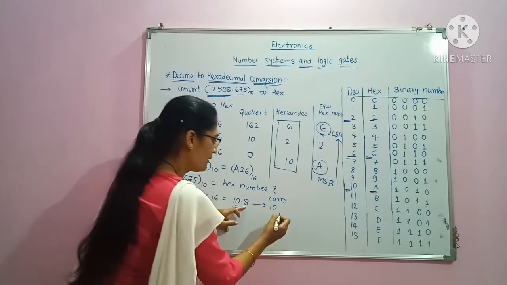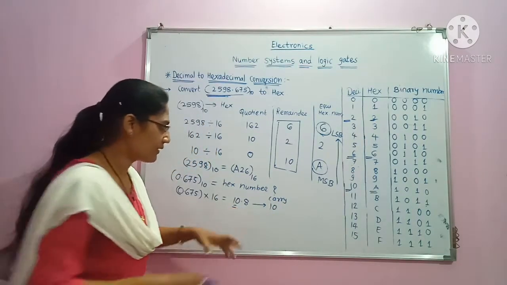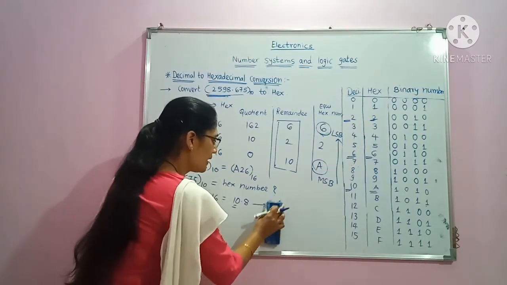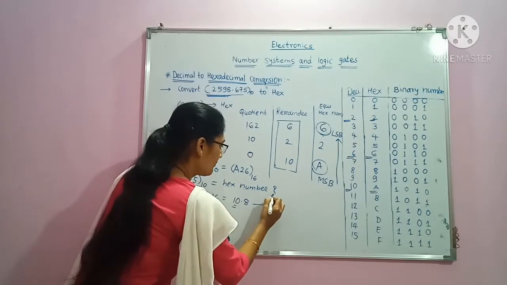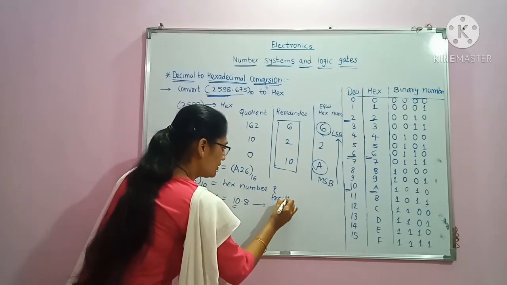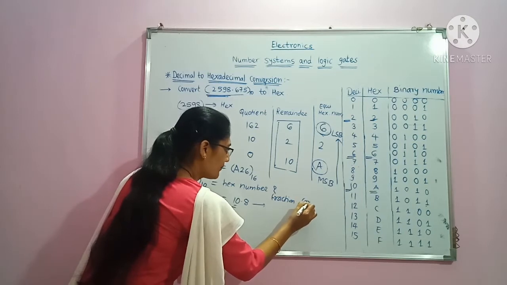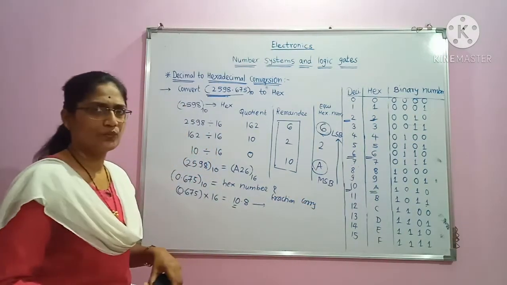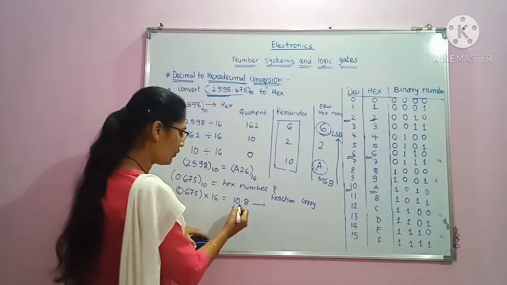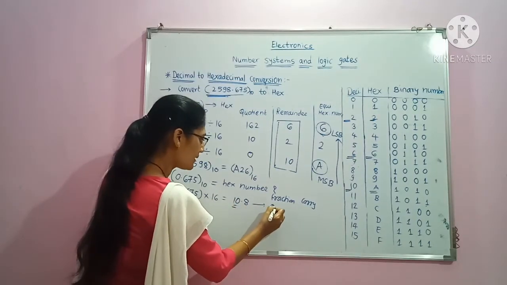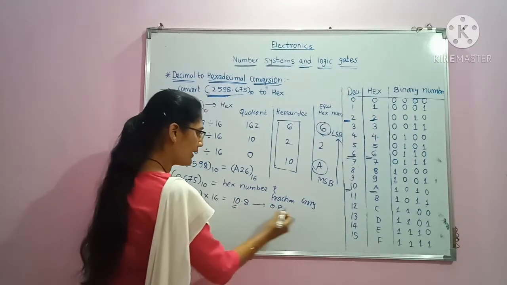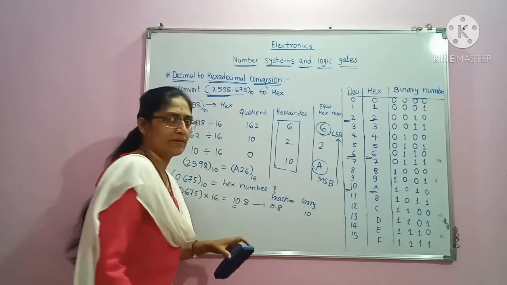For simplicity we are writing fraction and carry. So the fraction part is 0.8 and the carry will become 10.